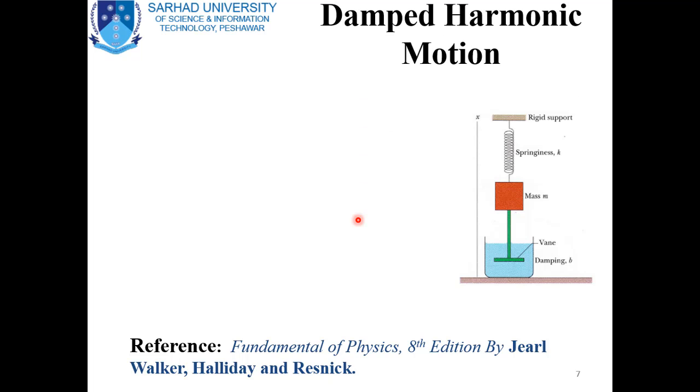Our next topic is damped harmonic motion. You can see in the figure that we have a mass-spring system with spring constant K, and the mass of the object is m, and a vane is attached to the mass of the object and immersed in water.